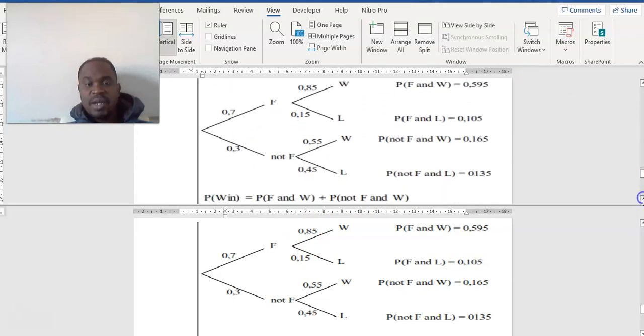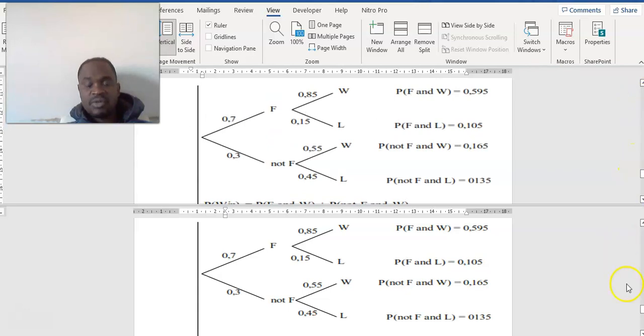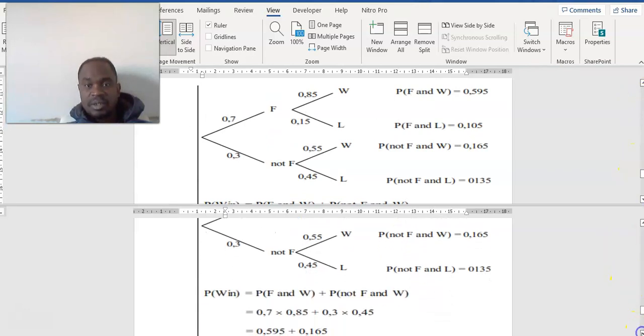Win. So let me bring the tree diagram here to use it to explain. For them to win, the players may be fit and win, or the players may not be fit and still win, which is this one. All in probability is what? Plus.